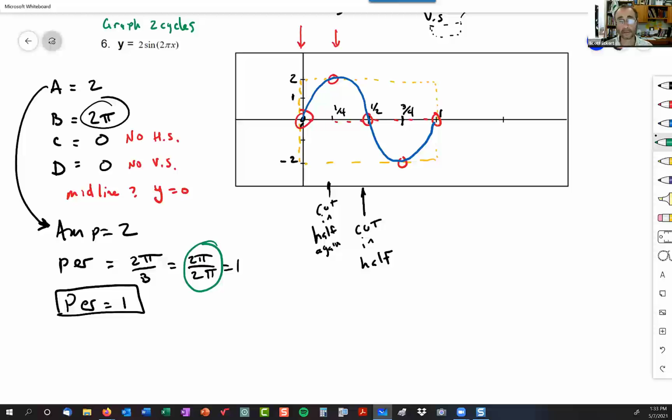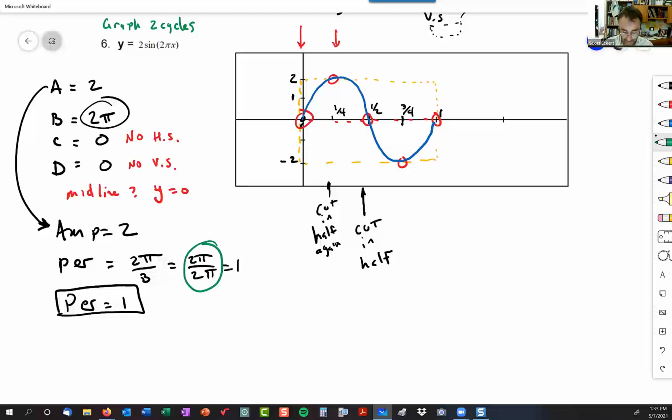Well, don't worry about it. Just get one period, one cycle perfectly plotted in. So if the domain is a weird domain, just focus on the beginning and the end and get a box for one cycle. And then just follow the directions to fill in if they ask for a bigger domain.